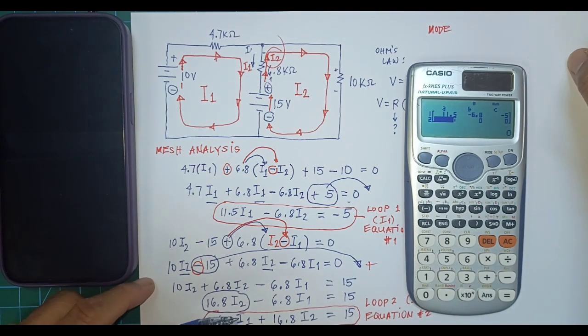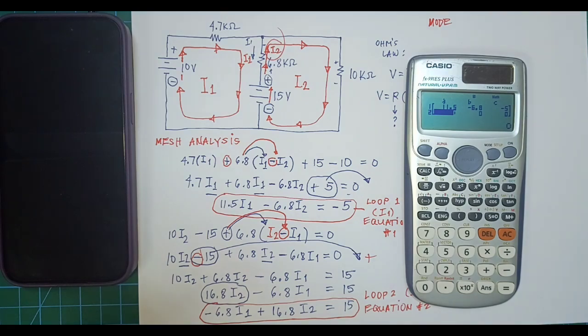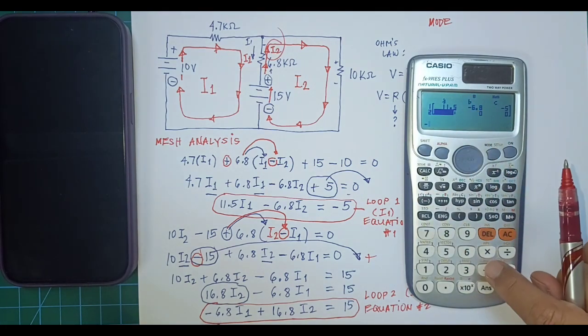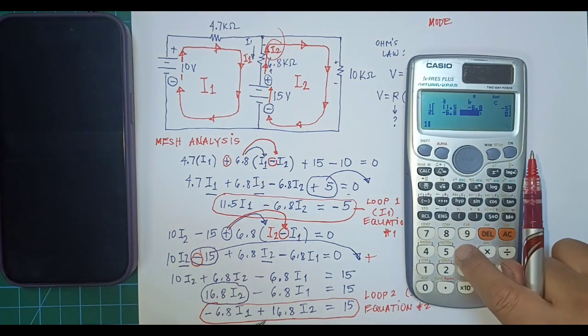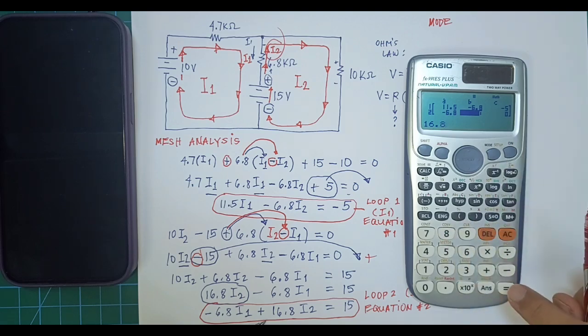So how much did we get? We got the value of negative 6.8 I1. So negative 6.8 equals, and then positive 16.8 equals, and then 15 equals.